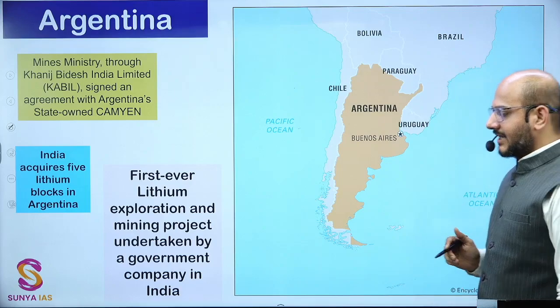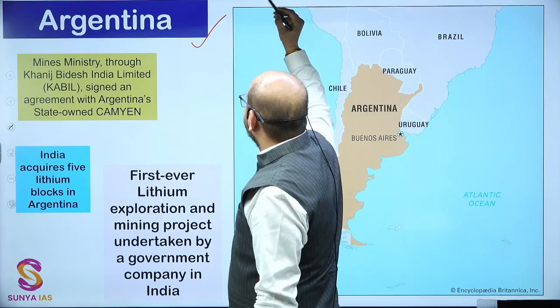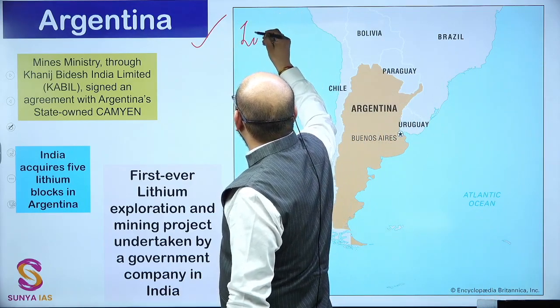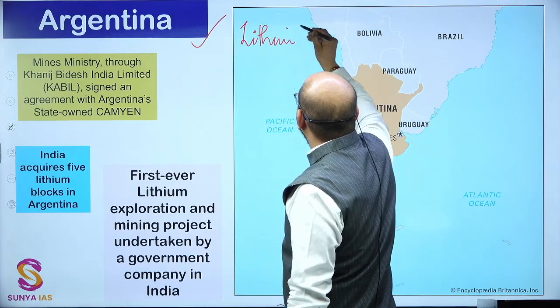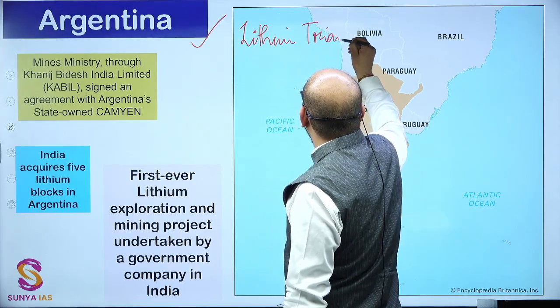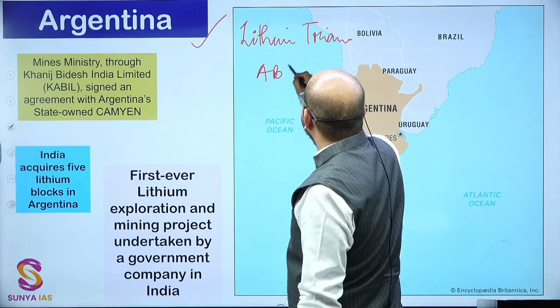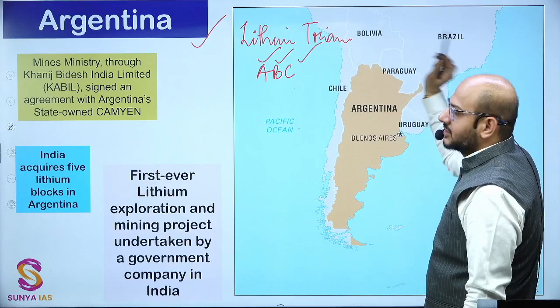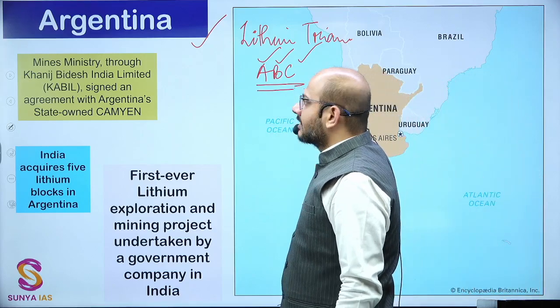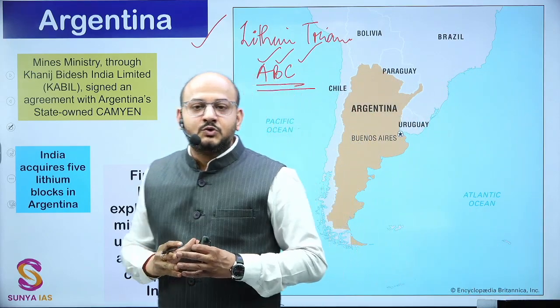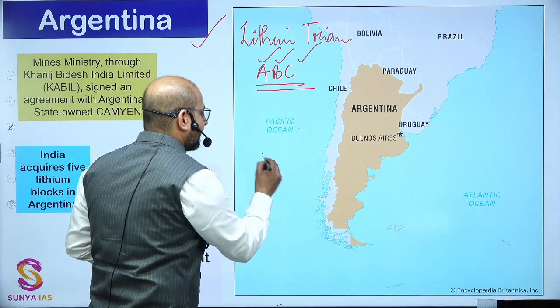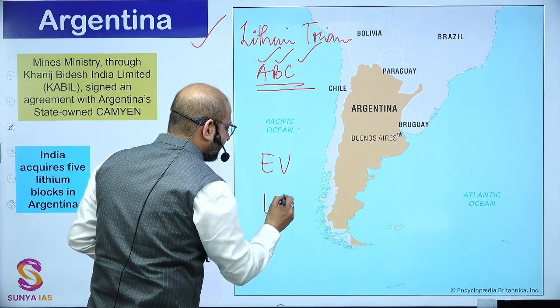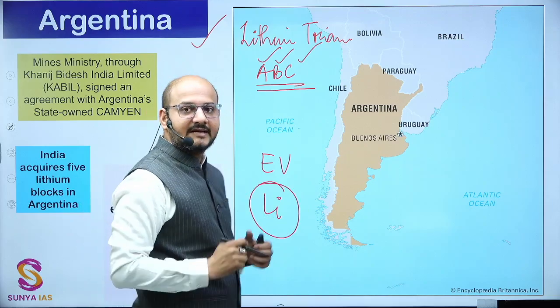Here what happens is that Argentina, we know the Lithium Triangle. A, B, C: Argentina, Bolivia, Chile. Lithium Triangle. To give way towards electric vehicles, we need a lot of lithium for the electric batteries.